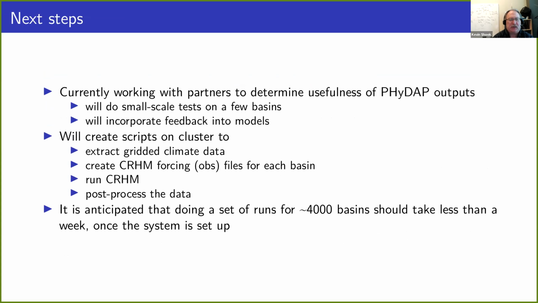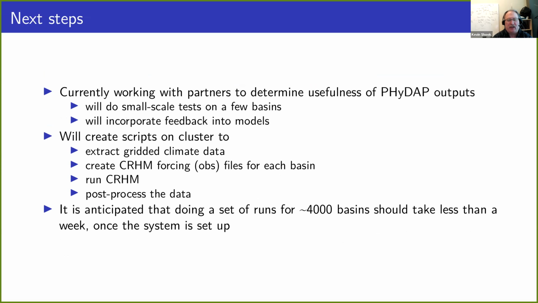So our next steps, well, we're currently working with our partners to determine the usefulness of the FIDAP outputs. We're going to do some small scale tests on a few basins. We will then incorporate their feedback into the models.